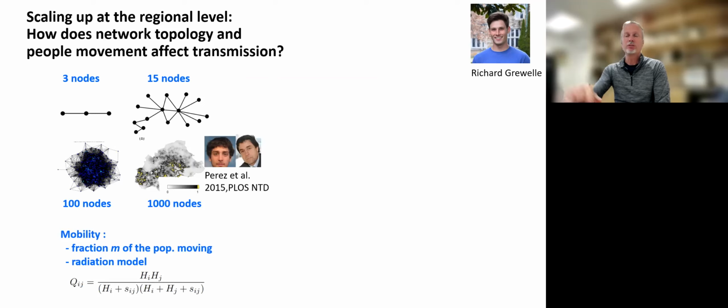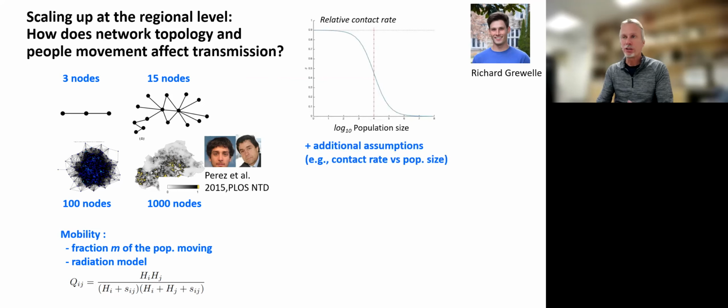Similarly to the model used by Perez et al. 2015, of which I am an author, we look at mobility, so again, the fraction of people moving, and we use a radiation model to understand the potential flow of people moving through different villages and towns in our network.